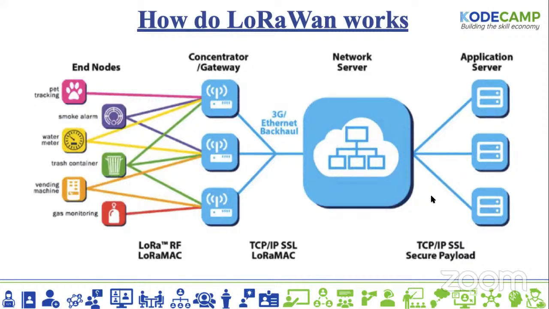The message that comes out of that backend goes through the network server to the gateway to the end device. So it's like a mediator, a concentrator. It's bidirectional. At the same time, it's picking data from the end device to the backend, and also from the backend to the end device.